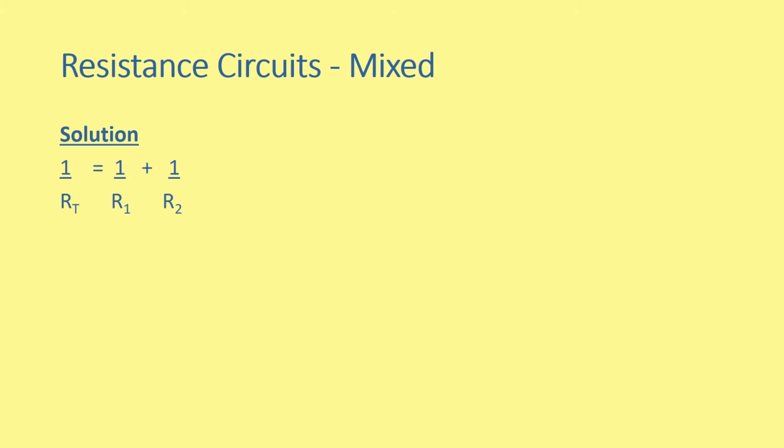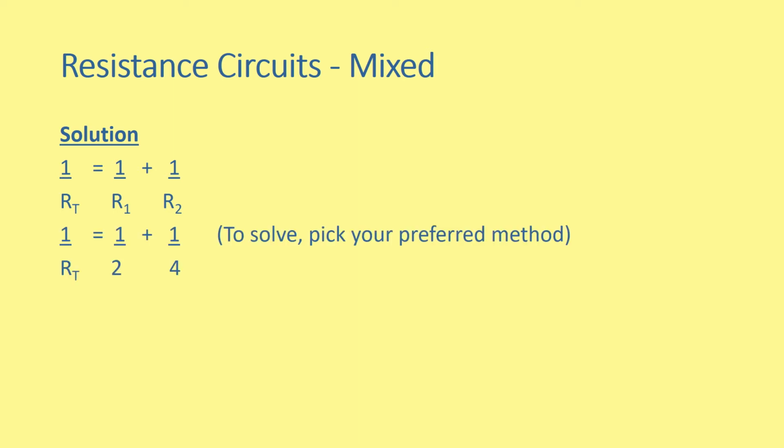So here's our solution. 1 over RT is equal to 1 over R1 plus 1 over R2. 1 over RT is equal to 1 over 2 plus 1 over 4. You can pick your preferred method in order to solve this. I would normally go for the fractional method. 1 over 2 is equal to 2 over 4. And then we have 1 over 2 plus 1 over 4 equaling 2 over 4 plus 1 over 4, which is 3 over 4.